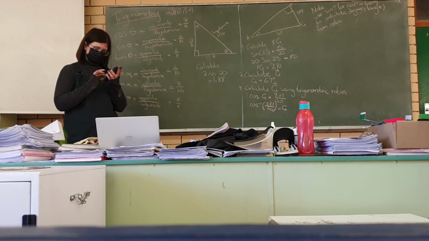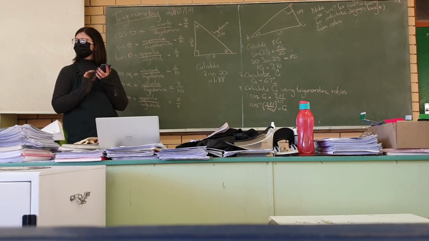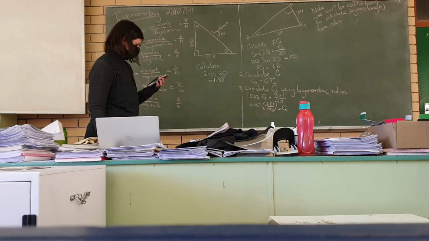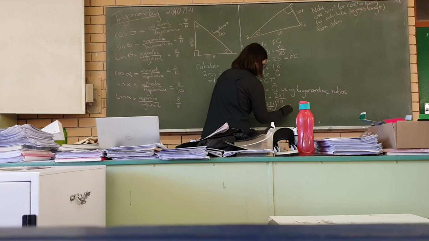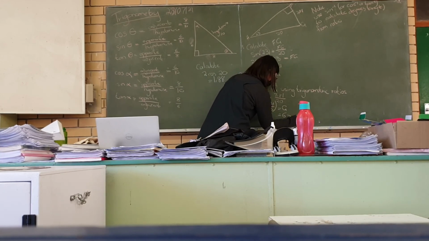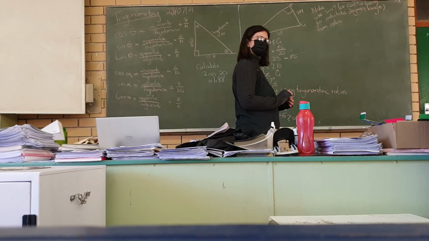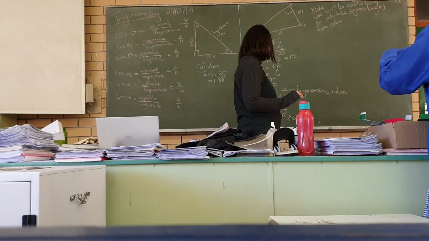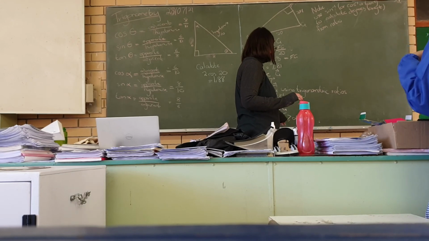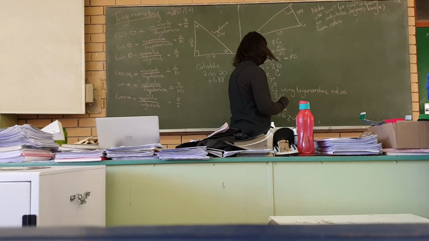But look at the first diagram. Now G is alpha. Yeah, these are 67,01.